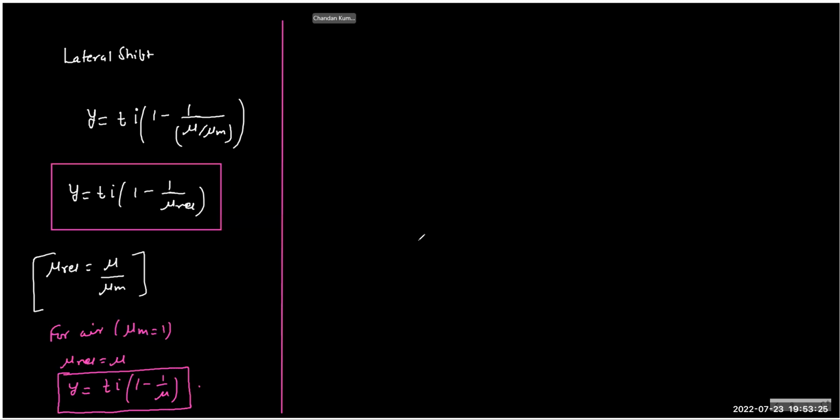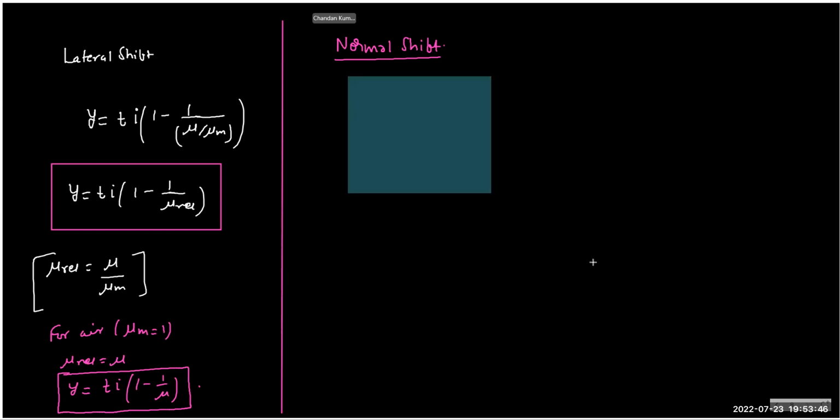So the next concept that we need to understand from the slab is called normal shift. How much you shift normally? So let's say again we have a similar situation.